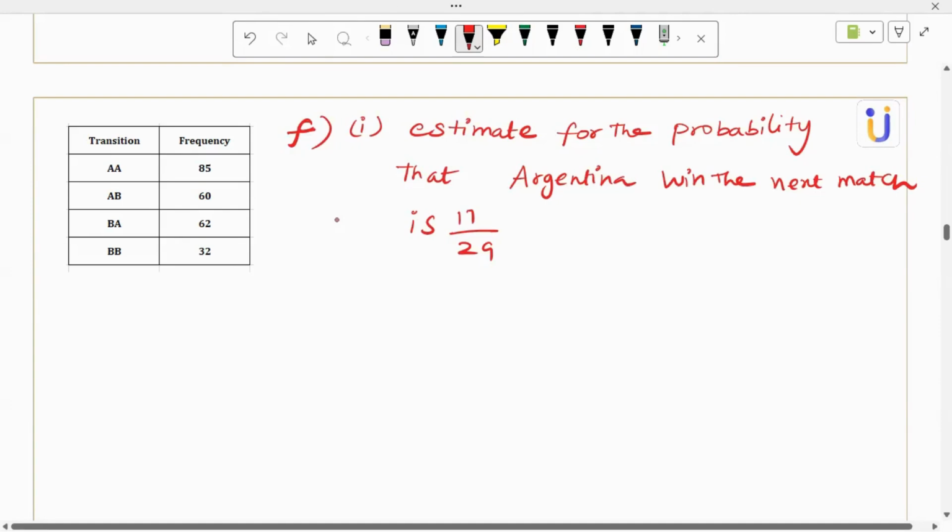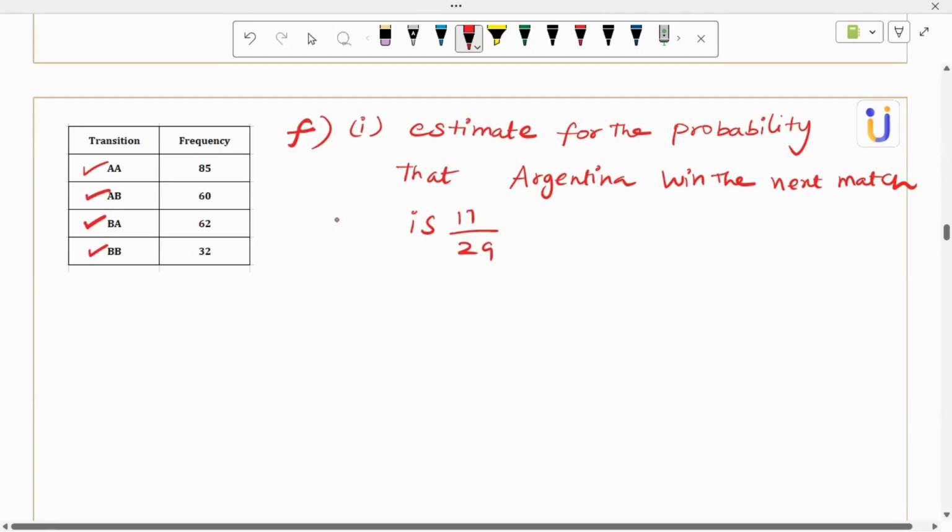Helen looks at Peter's list of results and counts the number of times that Argentina won twice in succession, won then did not win, did not win then won, and did not win twice in succession. So this list is given to us. And Helen uses the relative frequencies to estimate the probabilities in a transition matrix.